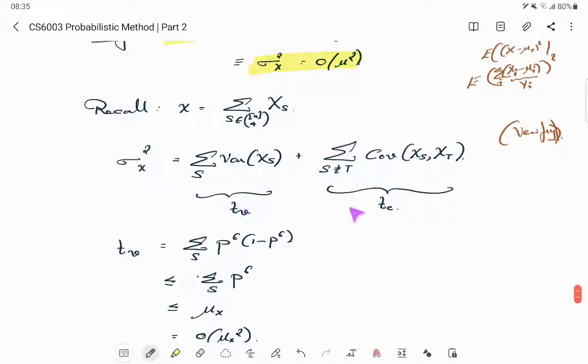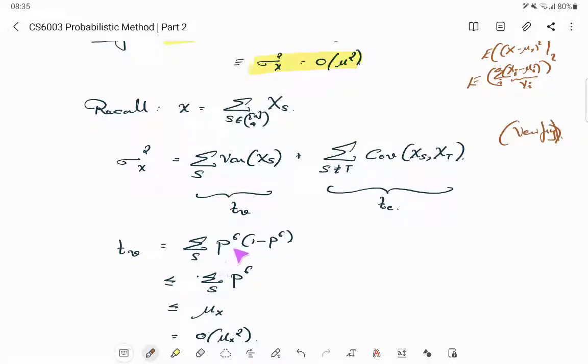And so it has two terms, the variance term and the covariance term, which I would call TV and TC. Now TV is easy to analyze because the variance of each individual term is p power 6 times 1 minus p power 6. In fact, the variance of a Bernoulli p is p into 1 minus p, but here p power 6 plays the role of p. And this sum contributes n choose 4 terms.